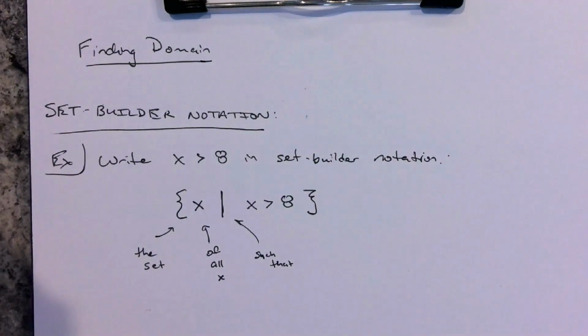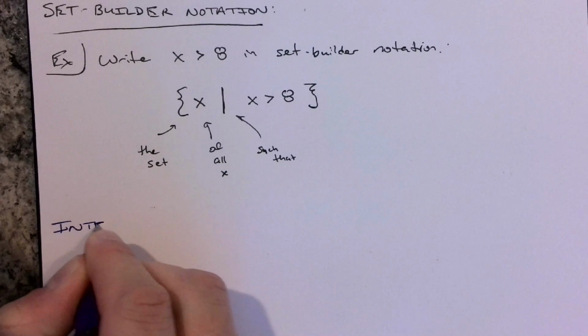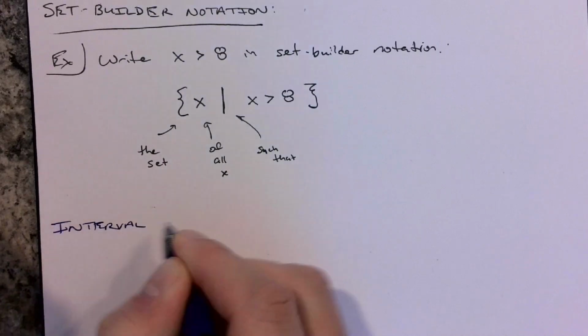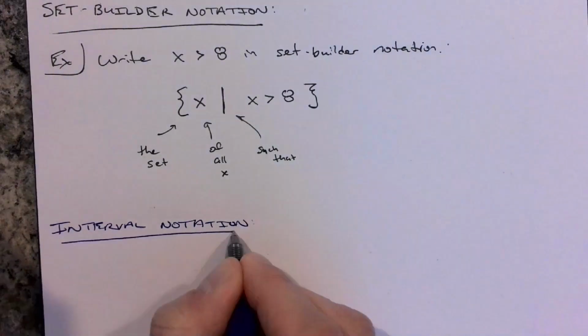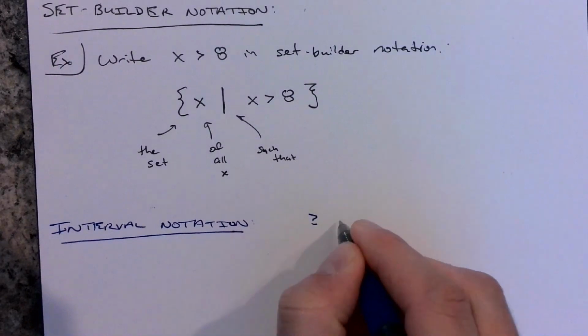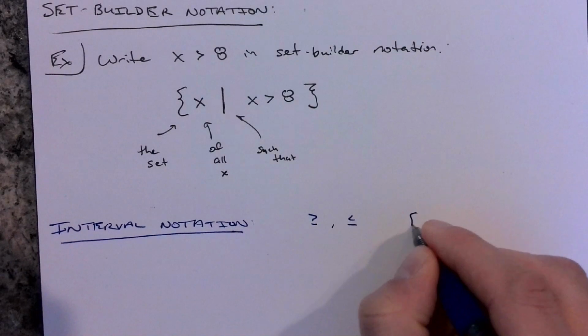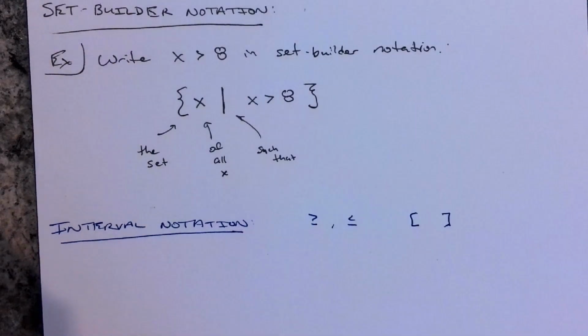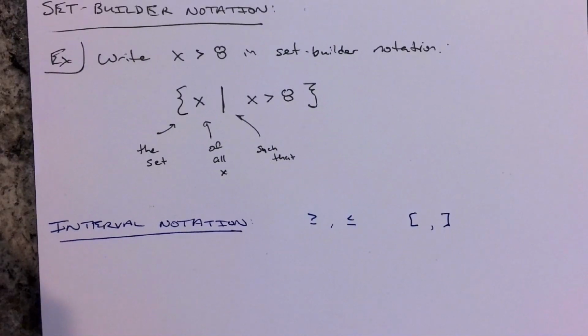More commonly, you'll probably see interval notation. So for interval notation, typically, if you have a greater than or equal to or a less than or equal to, you'll be using a square bracket. Depending on which side of your inequality you have your value will determine if you use a bracket or not.